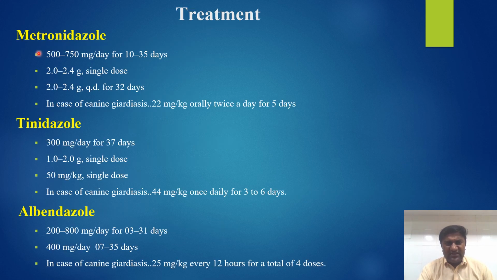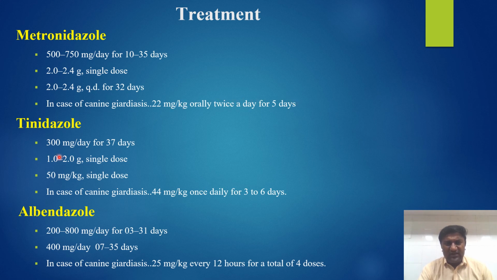For the treatment, metronidazole is given at 500 to 700 milligrams per day for 10 to 35 days, or a 2 to 2.4 gram single dose. In canine giardiasis, you can use 22 milligrams per kg orally twice a day for 5 days.